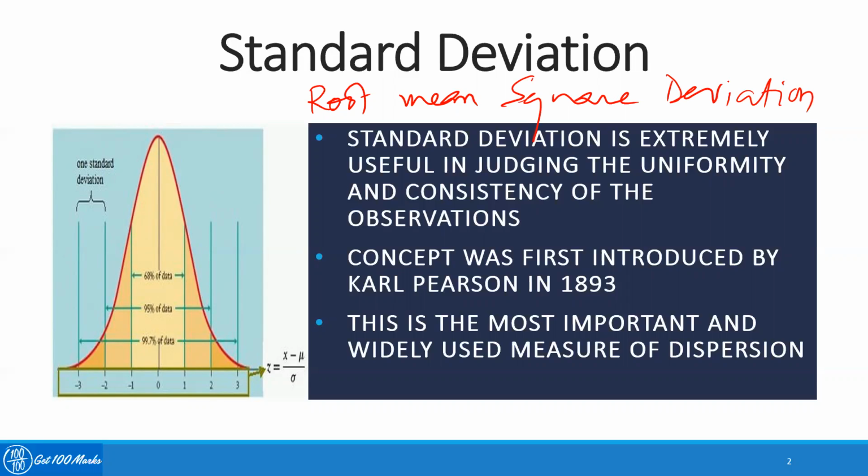In my earlier video, I discussed the mean deviation, where we calculated how much each individual observation deviates or is spread from the mean. Then we took the absolute value, found the total, and divided by the number of observations. But in this situation, why is it called root mean square deviation? First we take the deviation.